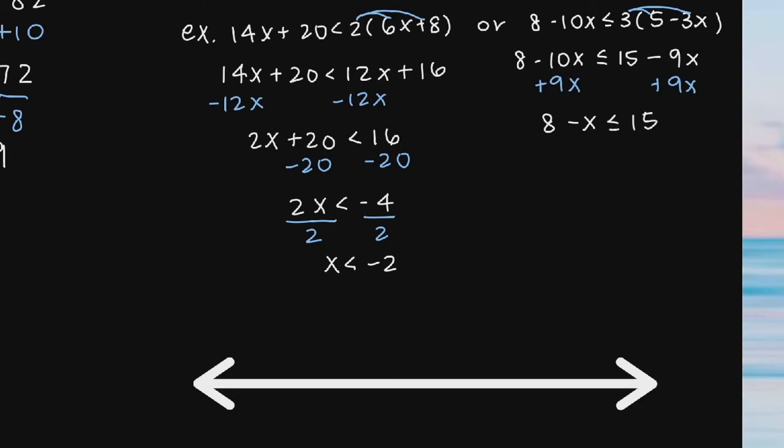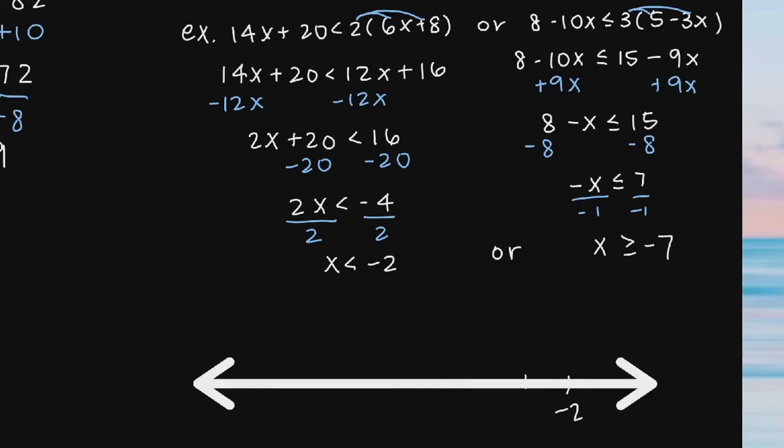And then we're going to subtract 8. So we get negative x is less than or equal to 7. And then divide both sides by negative 1 to get x by itself. So x is greater than or equal to -7. So we have x is less than -2 or x is greater than or equal to -7.